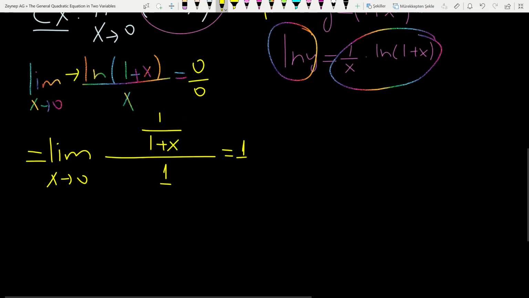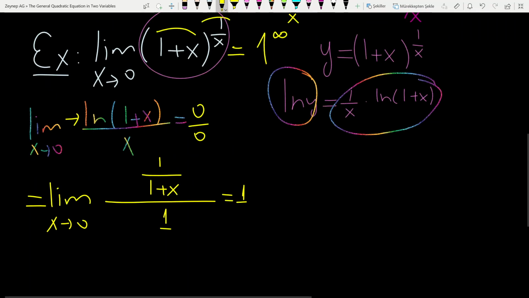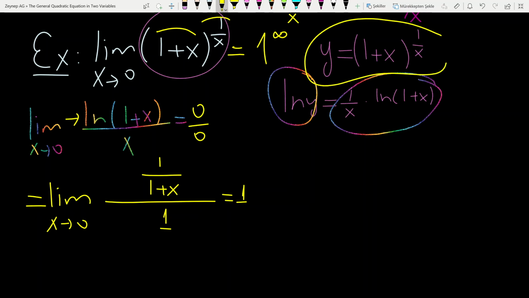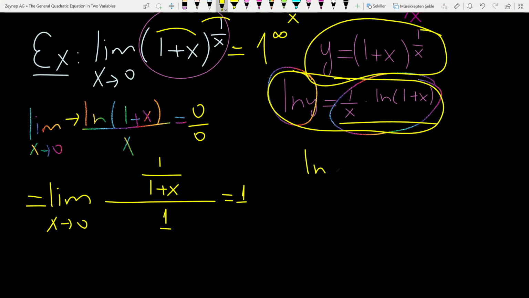as a result. Let's go back to the function again. Let's go back to this equality. Since the right hand side goes to 1, ln y also goes to 1 when x goes to 0, right?